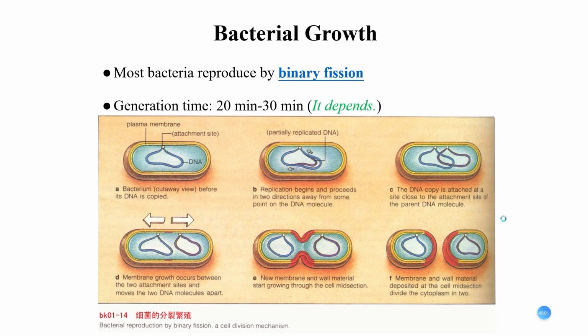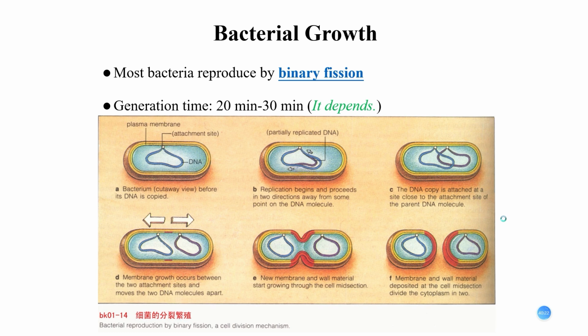Get longer. And when the cell gets longer, it brings the 2 copies of DNA to separate. One to the left, one to the right, okay? Then finally, in the middle of the cell, it splits. There is a fission to separate the 2 daughter cells.